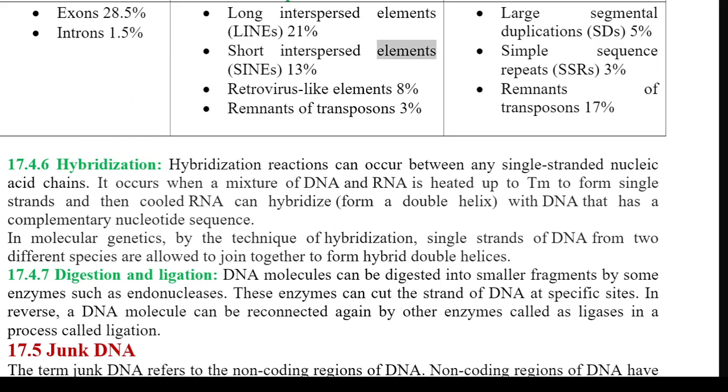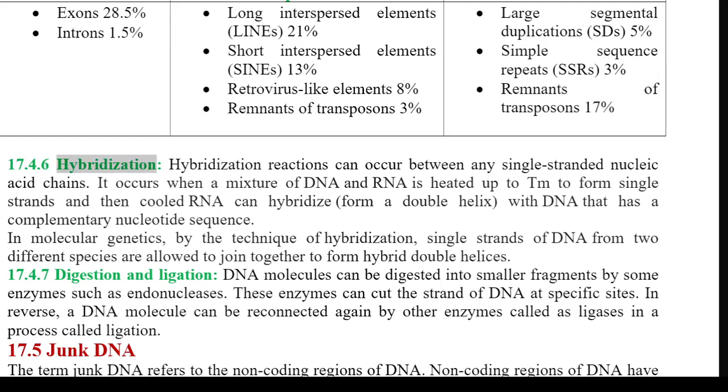Short interspersed elements, SINEs, 13%. Retrovirus-like elements 8%. Remnants of transposons 3%. Large segmental duplications, SDs, 5%. Simple sequence repeats, SSRs, 3%. Remnants of transposons 17%.